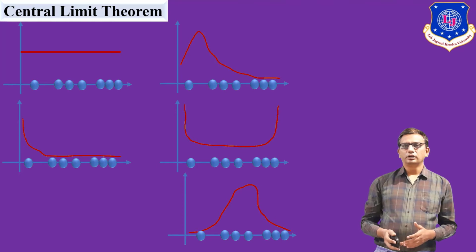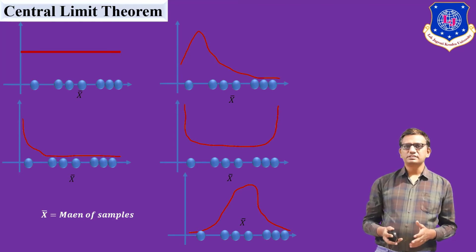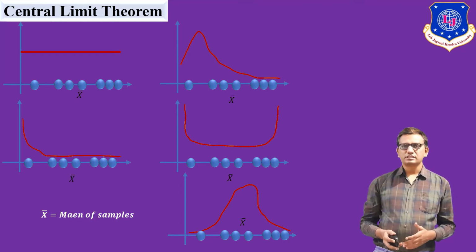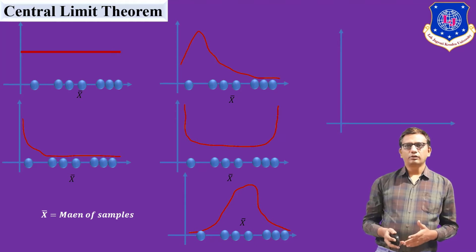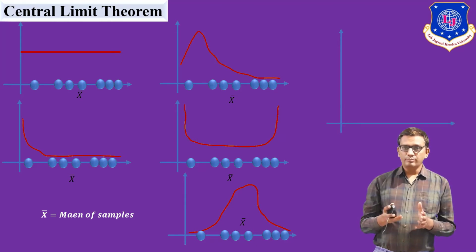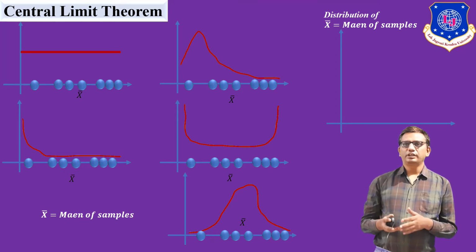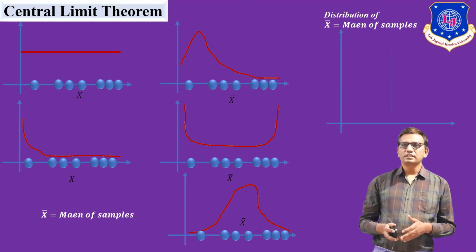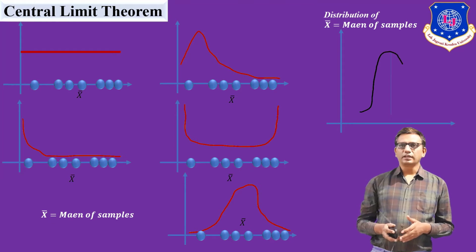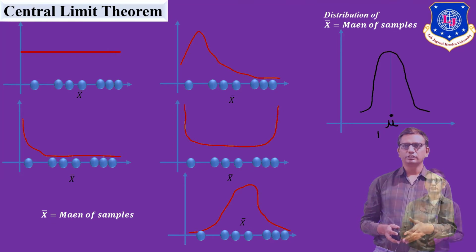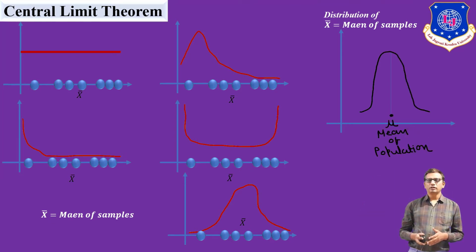Now after taking the means of these samples, we draw the distribution of those means, and the distribution of the means of samples always looks like a normal distribution, and mu is the mean of the population. So that is the concept of the central limit theorem.